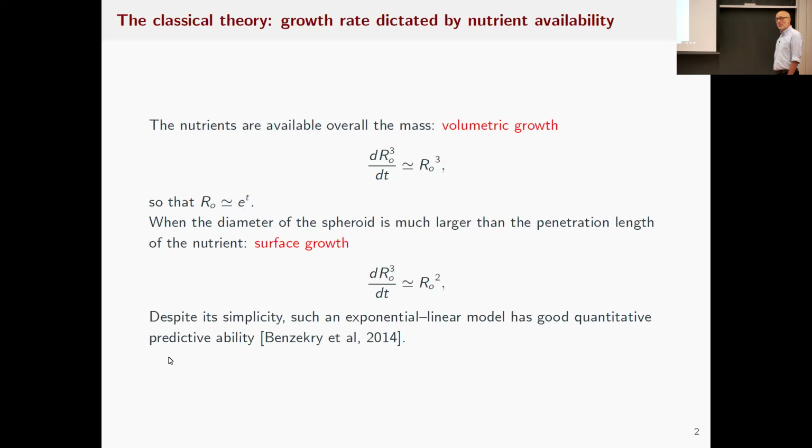This is a very basic idea of growth of these things. However, they're not completely wrong. If you go to some papers, of course this is a cartoon, but they provide some quantitative predictions.